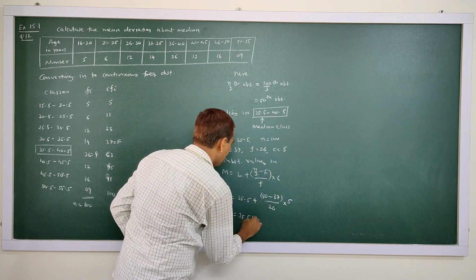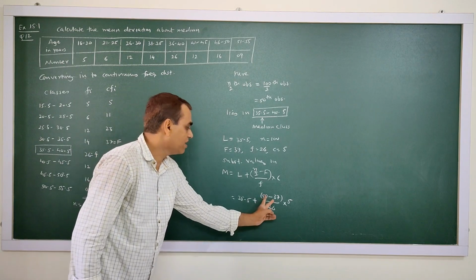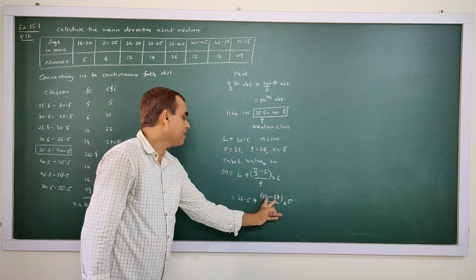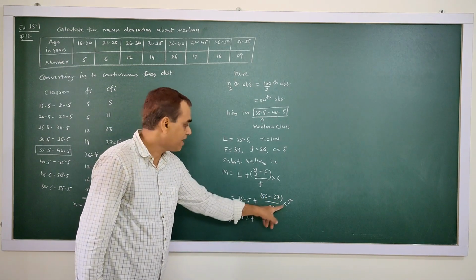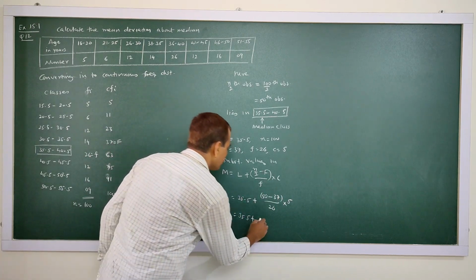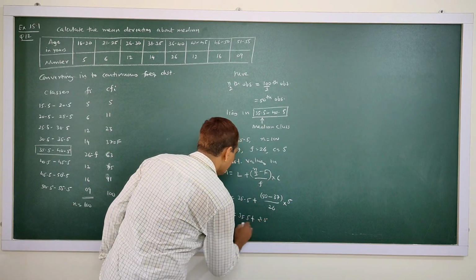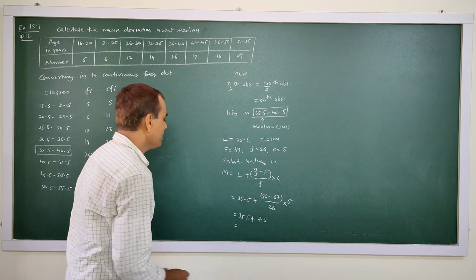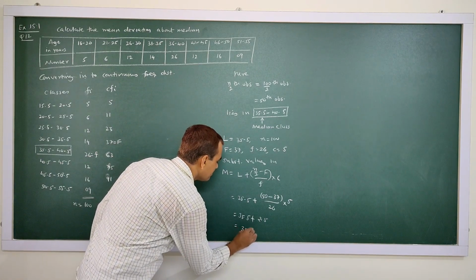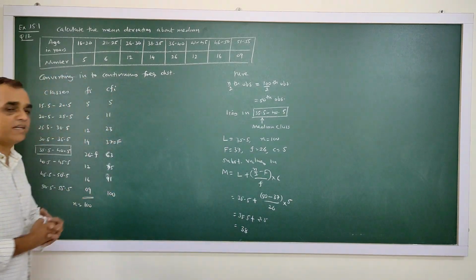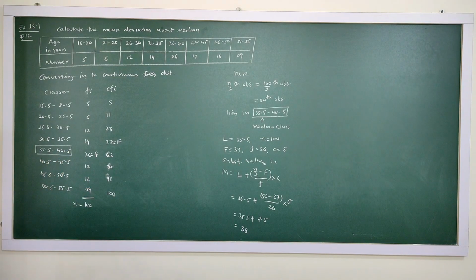So 35.5 plus 13 by 26 is 1 by 2, 1 by 2 into 5 is 2.5. So this will be 38. Median is 38.